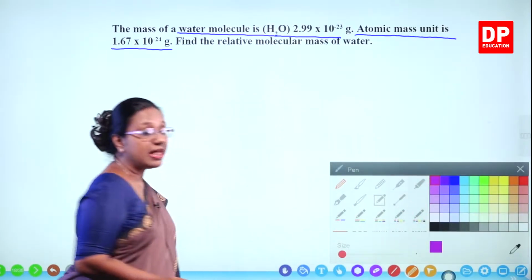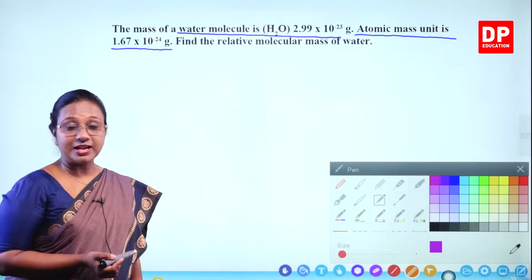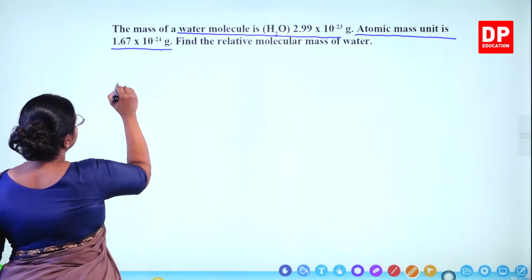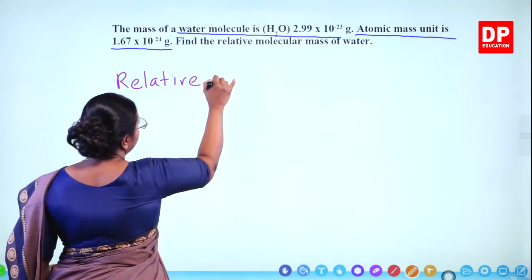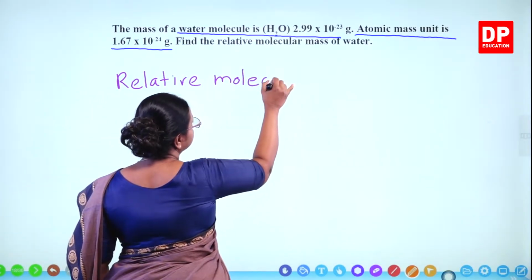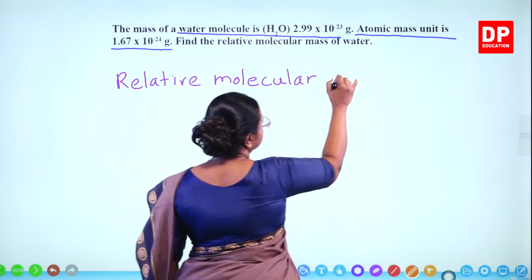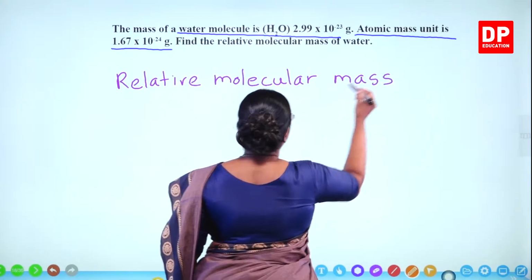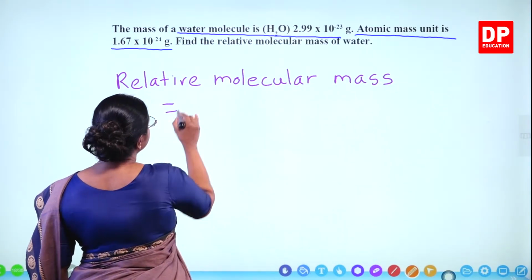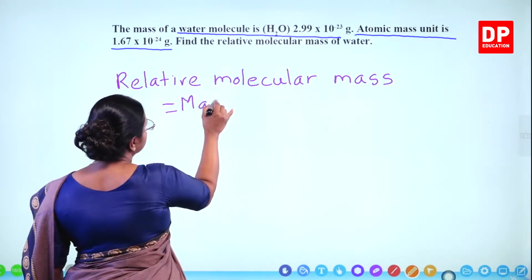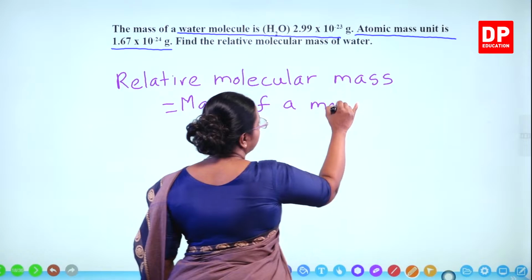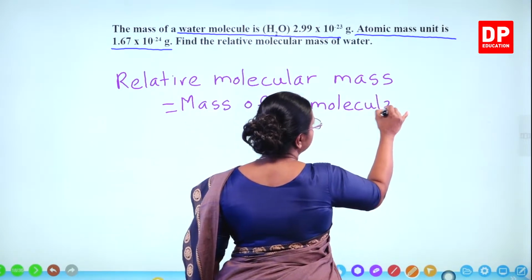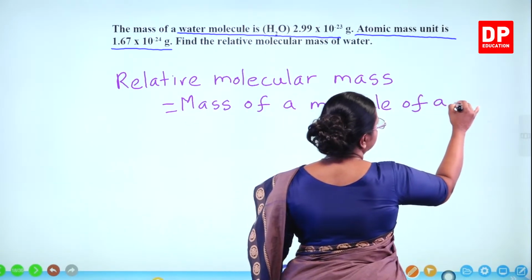You can remember that we discussed this with relative atomic masses. Here also we write relative molecular mass equals mass of a molecule of a compound.